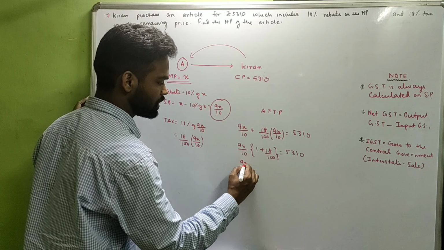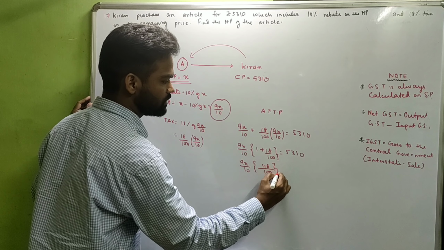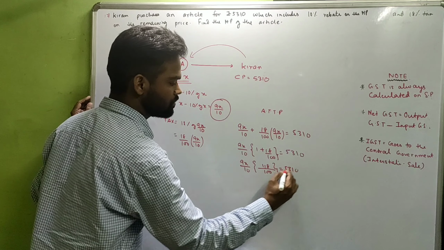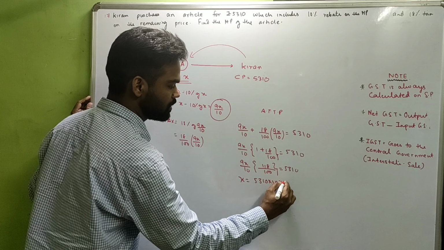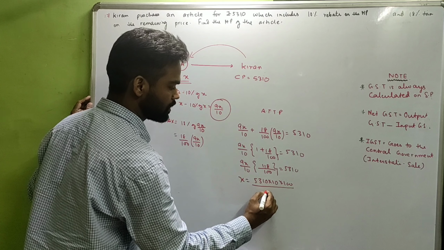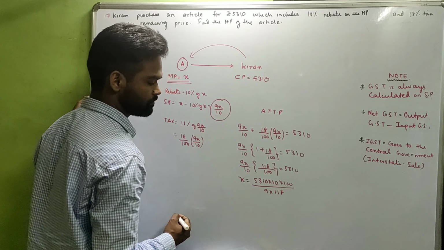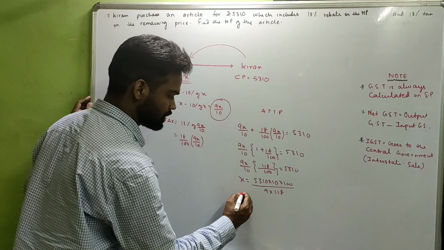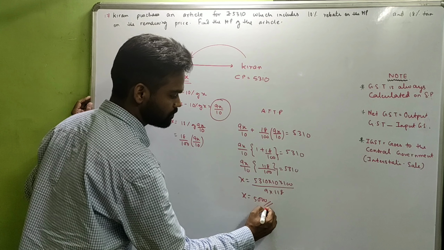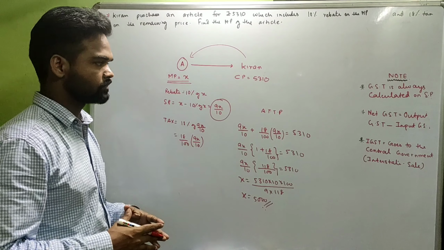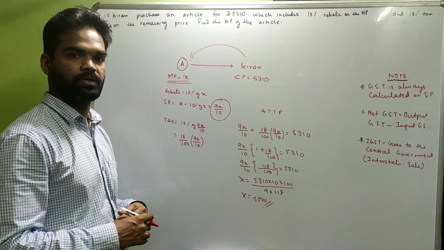Simple calculation. 9x by 10, this is 100 and this is 118. 5310, which means x we can write 5310 multiplied by 10 multiplied by 100, divided by 9 into 118. Am I clear? This gives, I think, 5,000. Done.